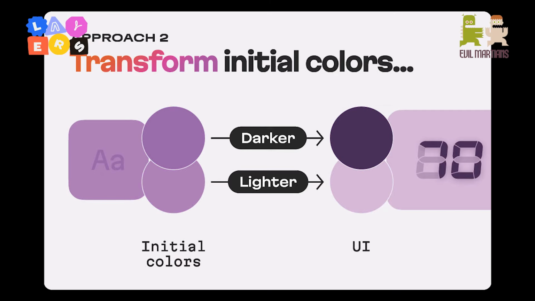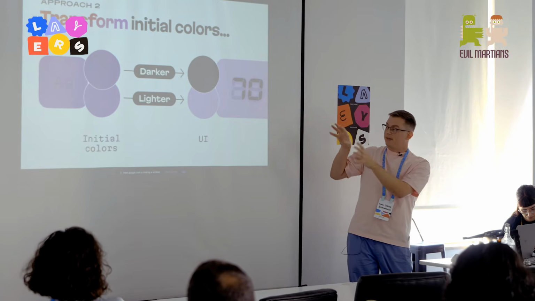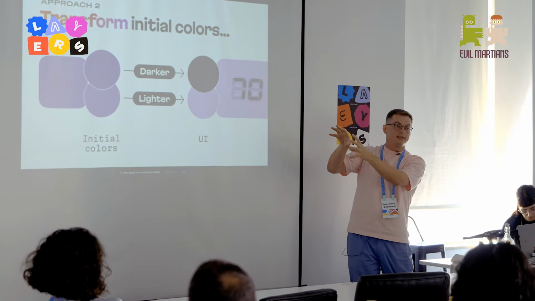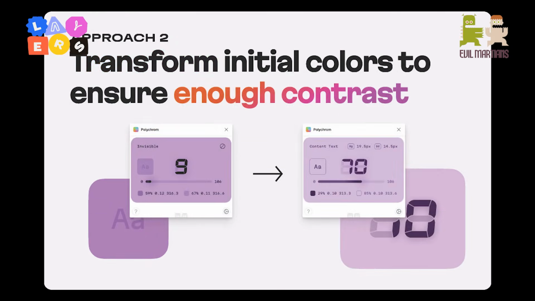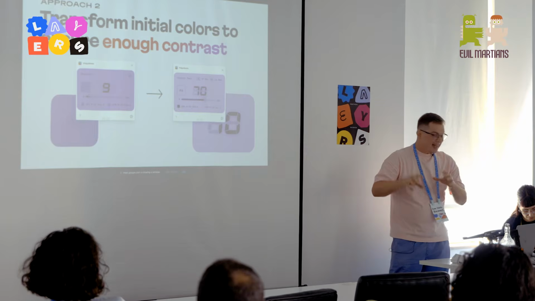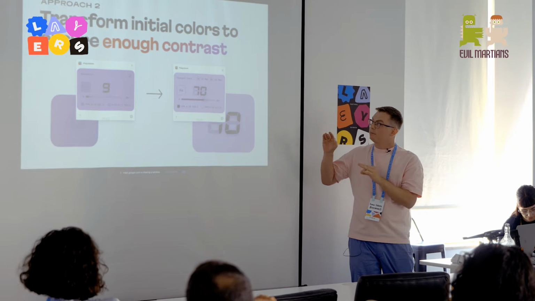Let's take the darkest color within the pair and make it darker, and take the lightest color and make it lighter. But we can't just make colors randomly darker and lighter. We want to ensure enough contrast, enough distance between them.